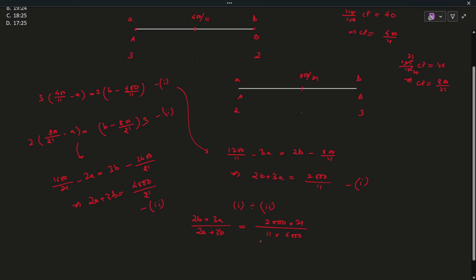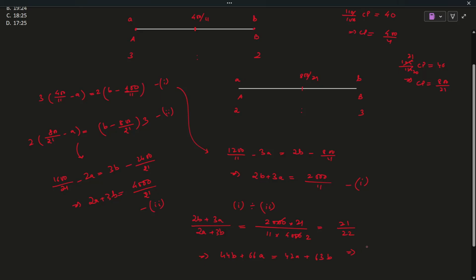So 21 will go to the numerator. Okay, this and this will get cancelled. So this is basically 21 by 22. All right, so this will become 44b plus 66a is equal to 42a plus 63b.